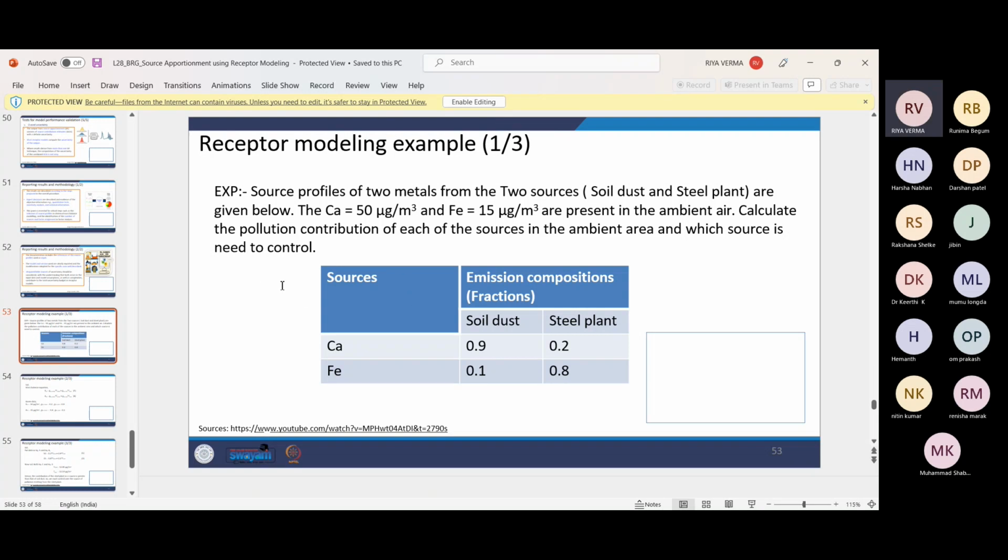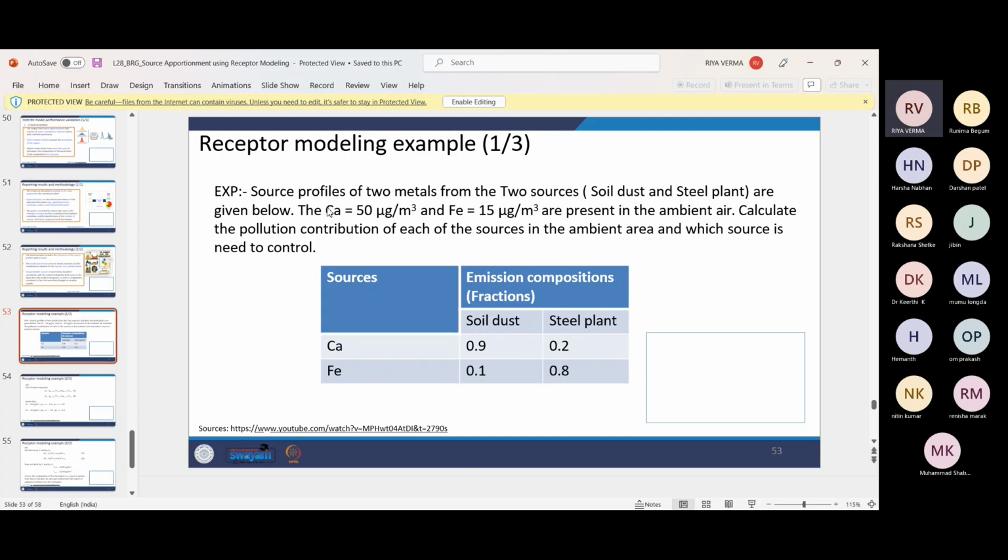We have calcium and iron, these two being emitted from your soil dust and steel plants, and the total emissions are given as 50 microgram per meter cube for calcium, and for iron it is 15.